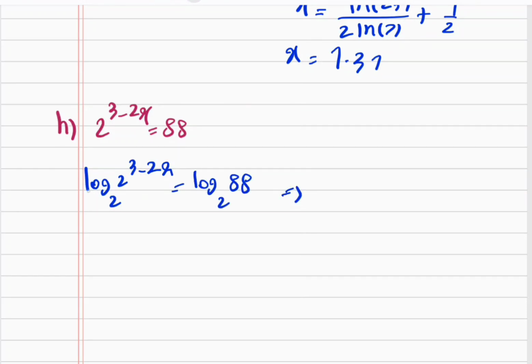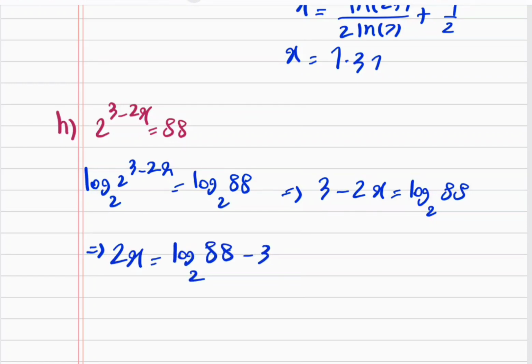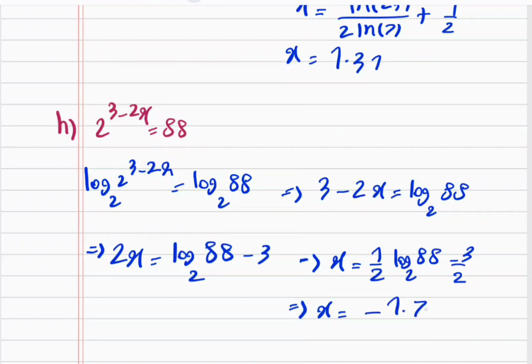The left hand side will have a cancellation of the log, so we get 3 minus 2x is equal to log base 2 of 88. Then we can do 2x is equal to 3 minus log base 2 of 88. Finally, x is equal to 3 over 2 minus half log base 2 of 88, and this is equal to minus 1.73.